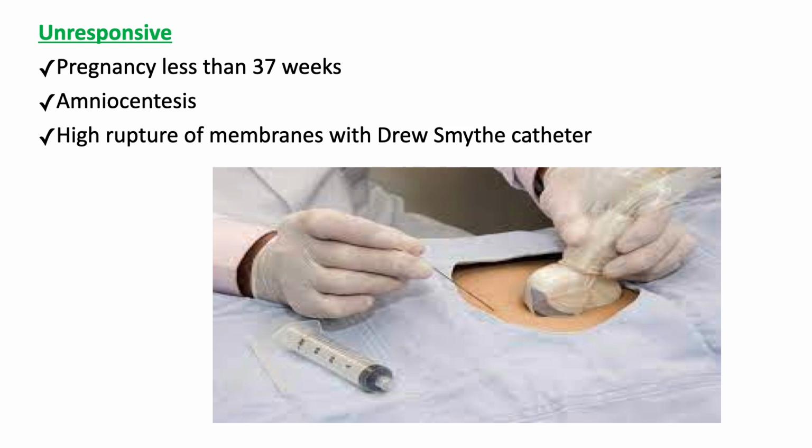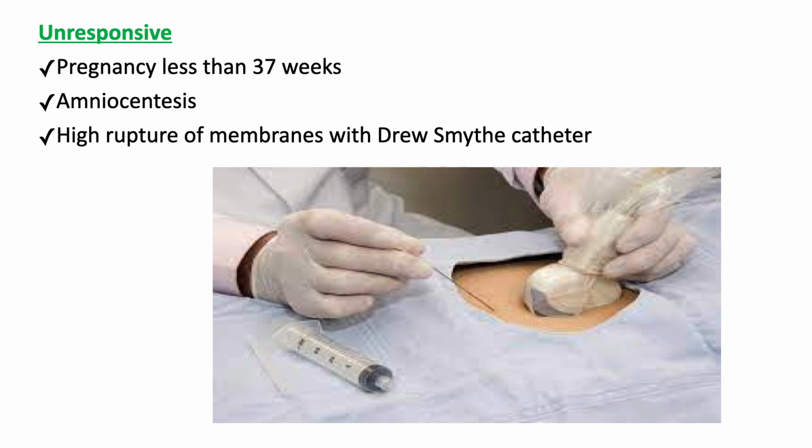Here, slow decompression is done at the rate of about 500 ml per hour, and the amount of fluid to be removed should be sufficient to remove the mechanical distress. Ordinarily, it should not exceed 1 to 1.5 liters. Because of slow decompression, the chance of accidental hemorrhage is less, but liquor amnii may again accumulate sooner or later, for which the procedure may have to be repeated.